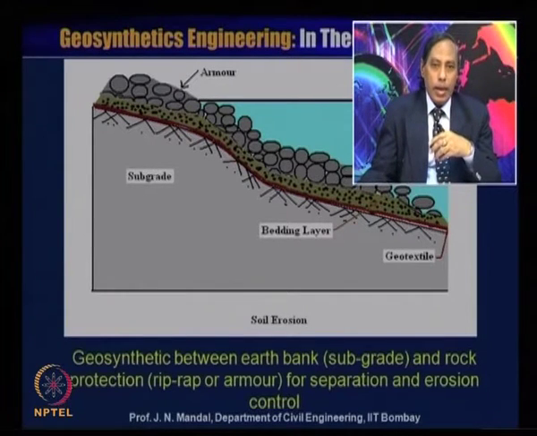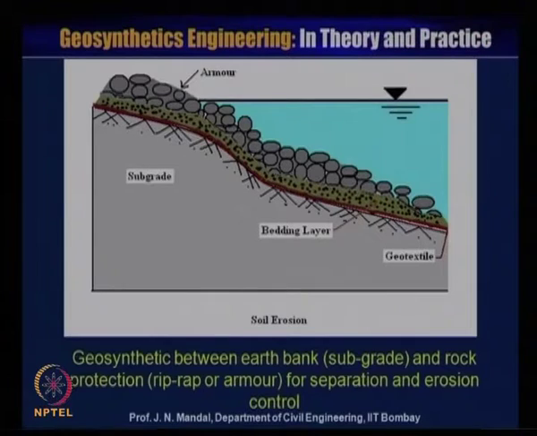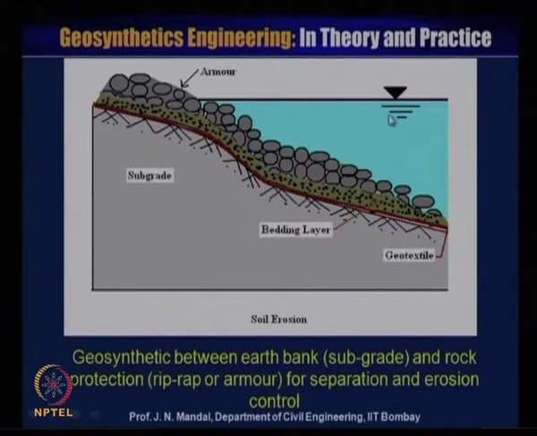This cushion or sand layer will protect from impact damage, and also during installation there is a possibility of damage, so it can be controlled. Secondly, there may be abrasion damage due to wave action.